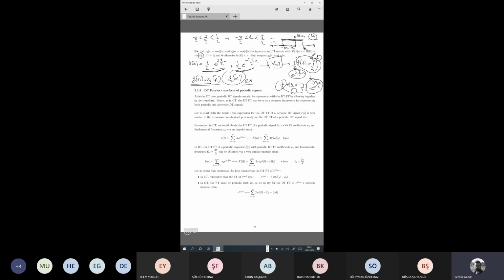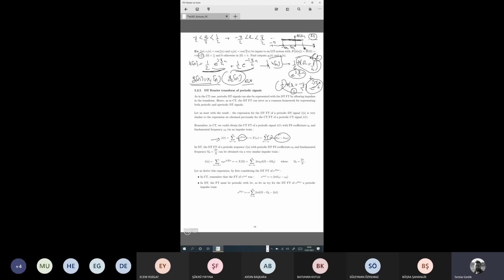So what about the discrete time Fourier transform of periodic signals? Well, in the continuous case, remember they were impulsive, right? If I have x(t) represented as the sum of a_k e^{jk omega_0 t} in Fourier series form, from this I can easily find the corresponding Fourier transform, because I know that e^{jk omega_0 t} and 2 pi impulse(omega minus k omega_0) are Fourier transform pairs.